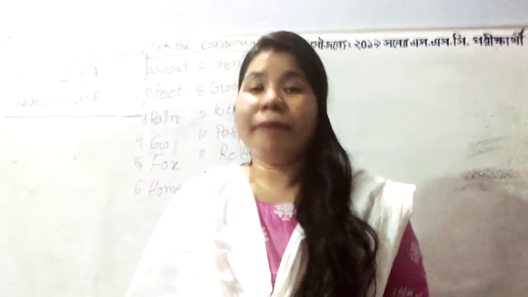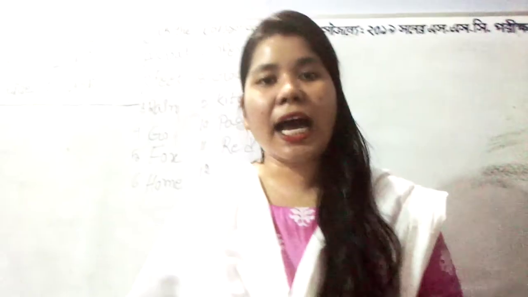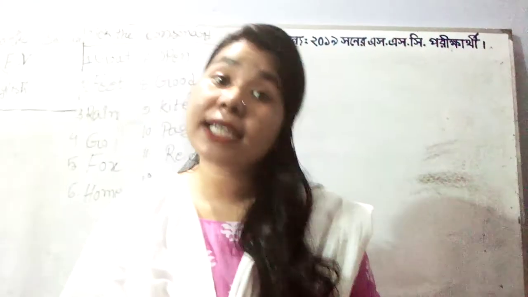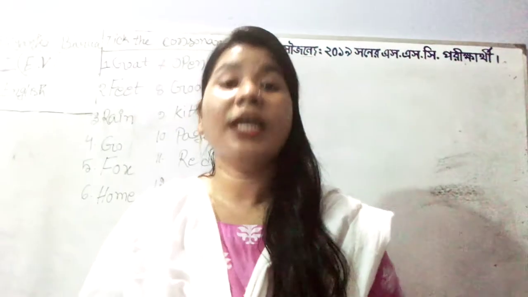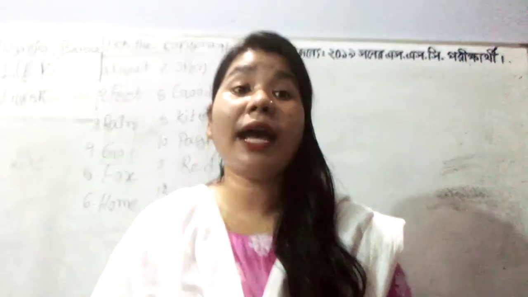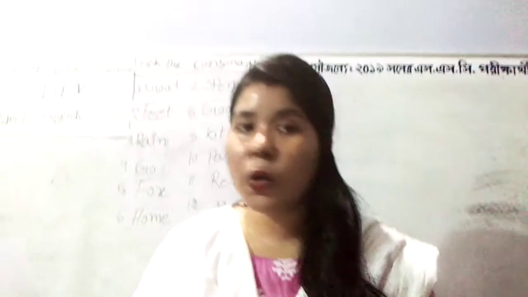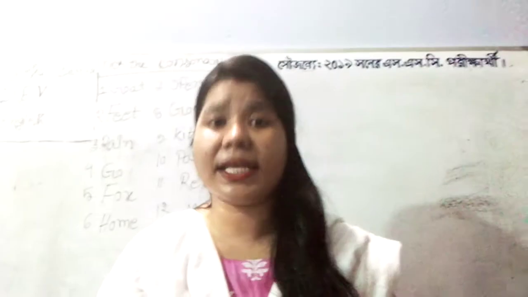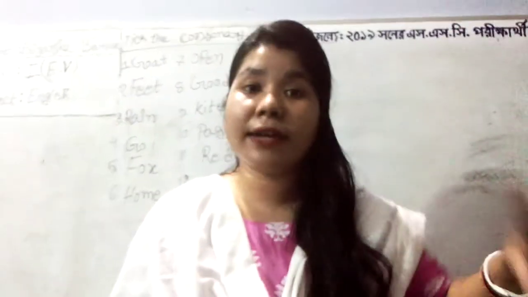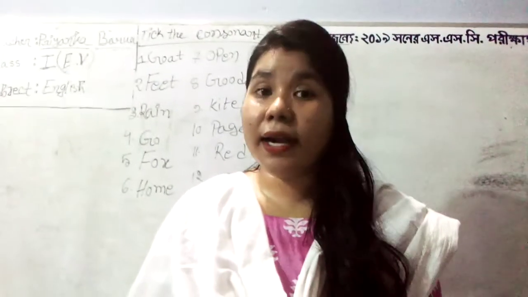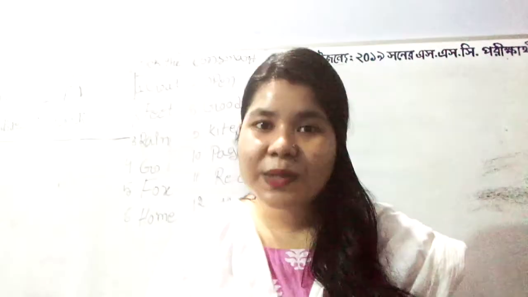Basically, what are the consonants? Except A, E, I, O, U, these five vowels, the rest of the letters are marked as consonants, like B, C, D, F, G, H, K, L, etc. A, E, I, O, U are vowels, not consonants.